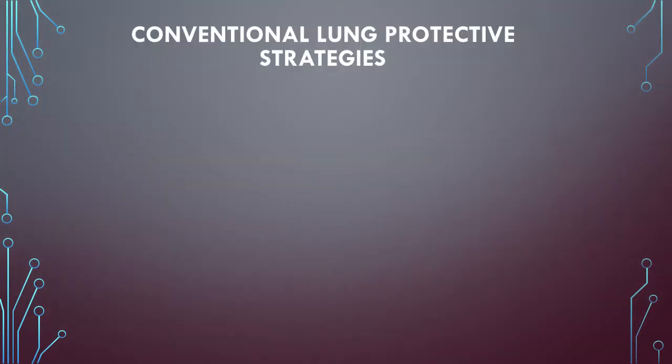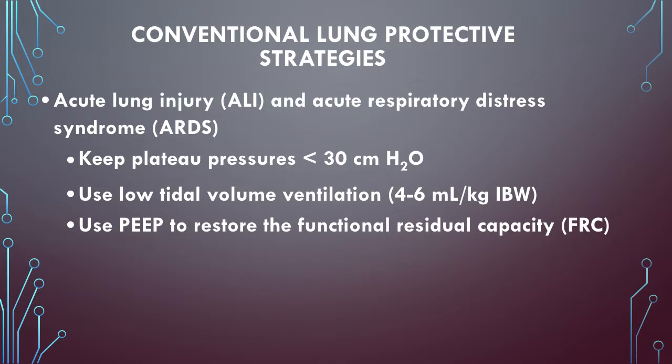And what are the typical conventional lung protective strategies that we've seen? Keep plateau pressures under 30, use low tidal volume ventilation, anywhere from 4 to 6 mLs per kg, use PEEP to help restore FRC.